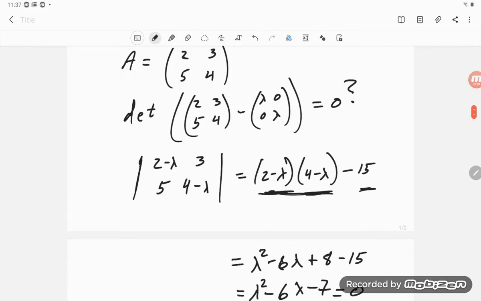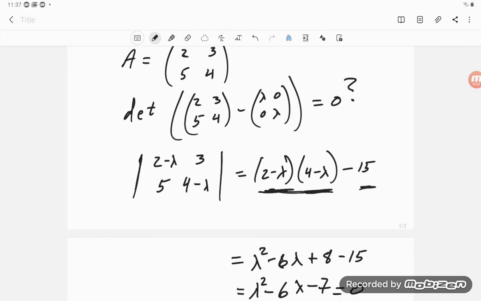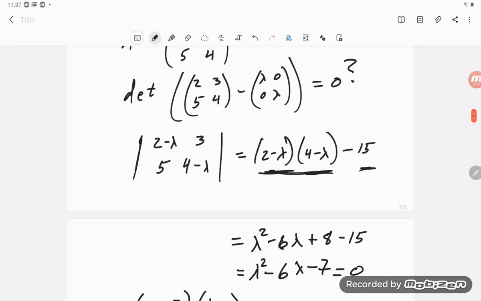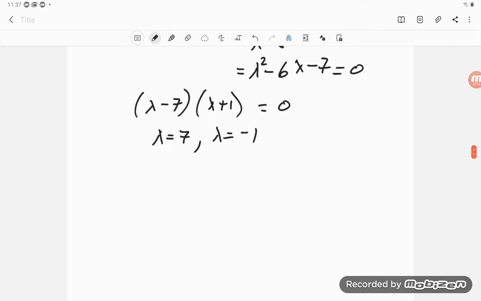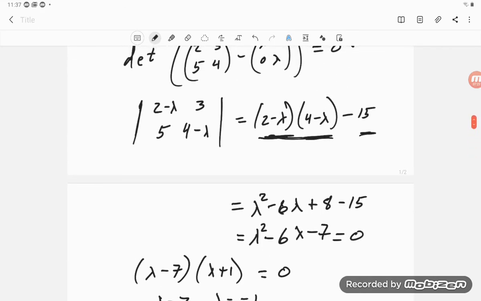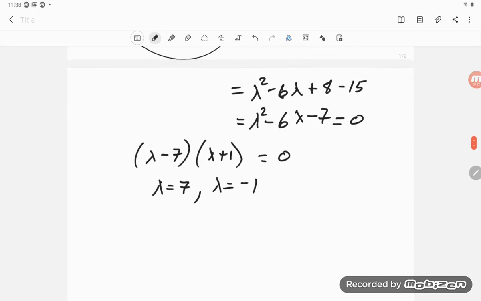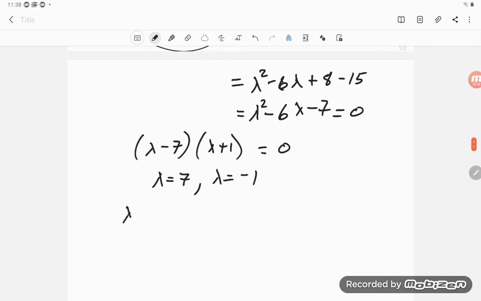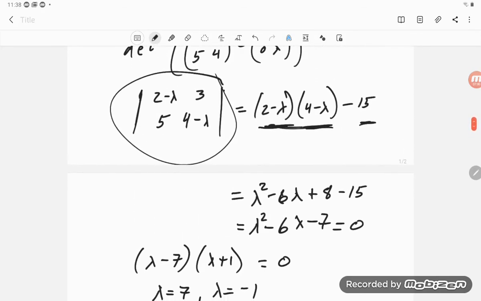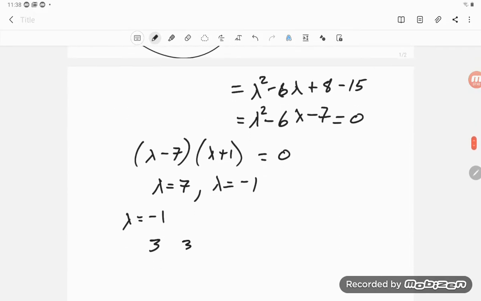Okay, so I can tell you that for that lambda, now I don't know what the vector x looks like, but I can solve that as well. So I go back here to this matrix, and let's use the negative 1 first, lambda equal negative 1. And so I would be solving 2 minus a negative 1, that's 3, and then 3 and 5 and 5.